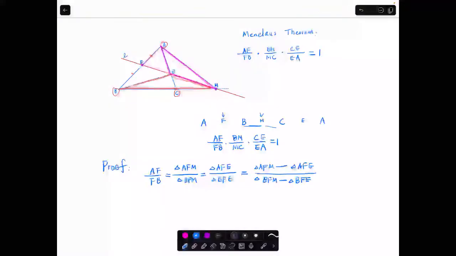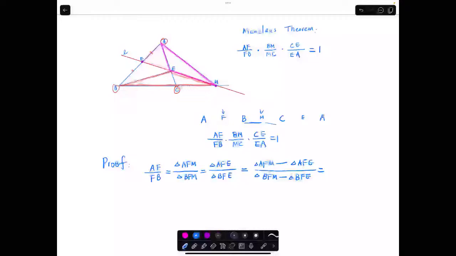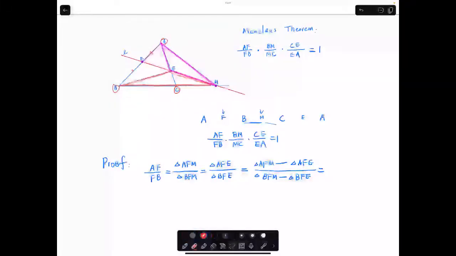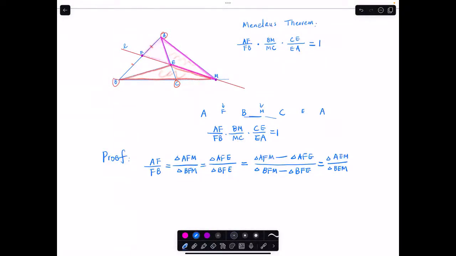So what you're going to have is this is going to be equal to the highlighted triangle here. In other words, that's going to be equal to this part over this part, all right? So that's equal to triangle AEM over the triangle of BEM.